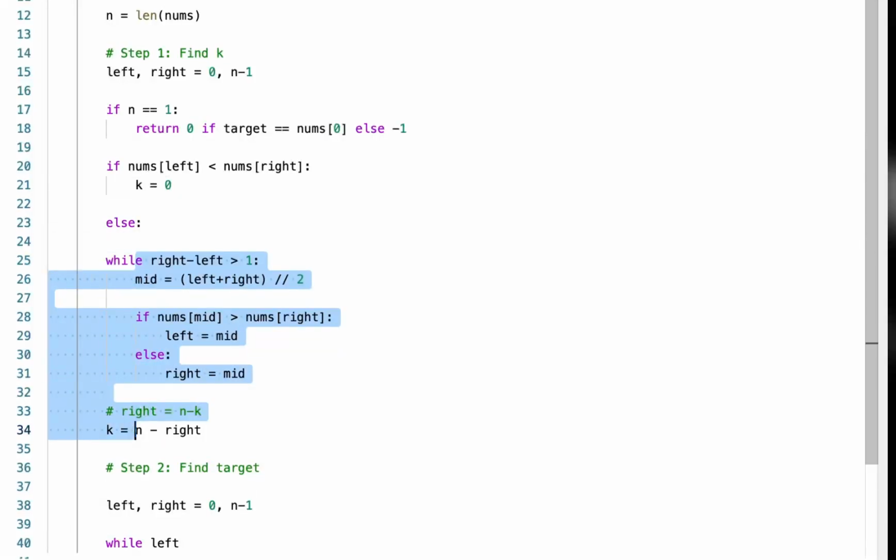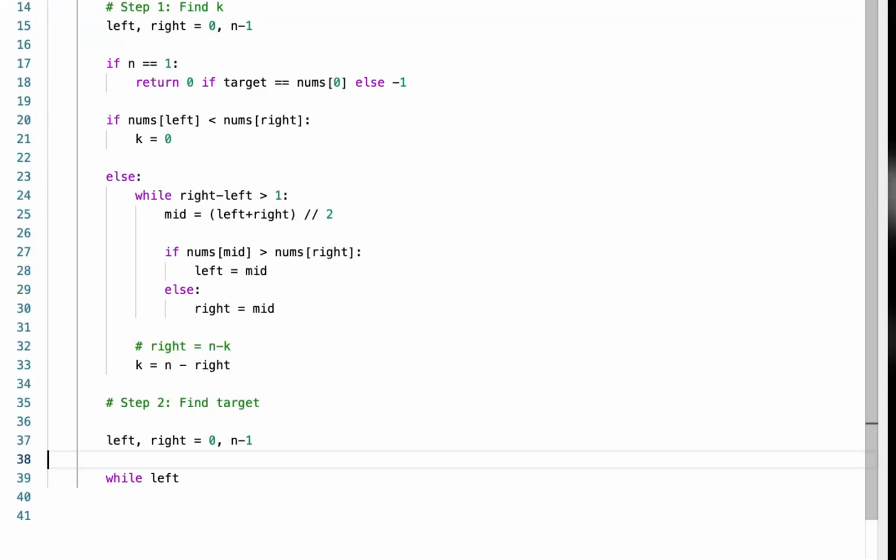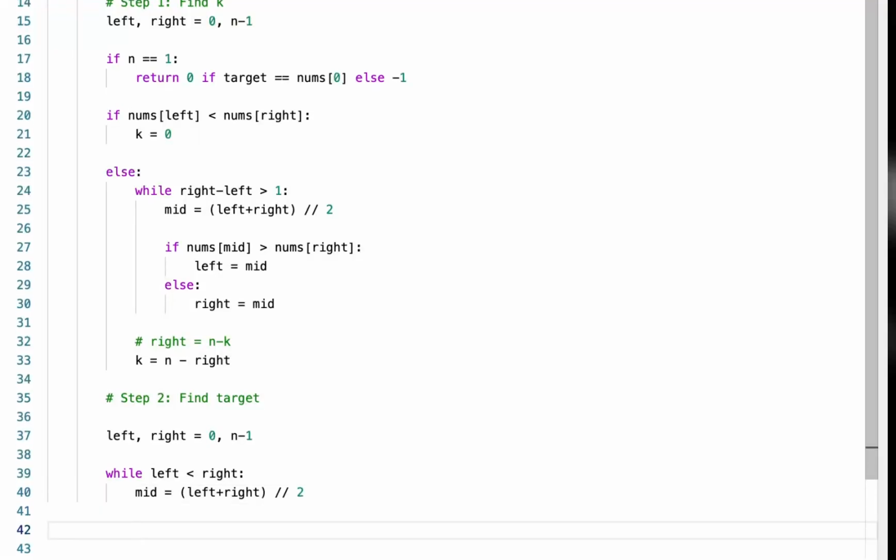We do all this, right? And for this one, we would do, while left is strictly inferior to right, we want to find the target. We calculate the mid. That would be left plus right divided by 2.